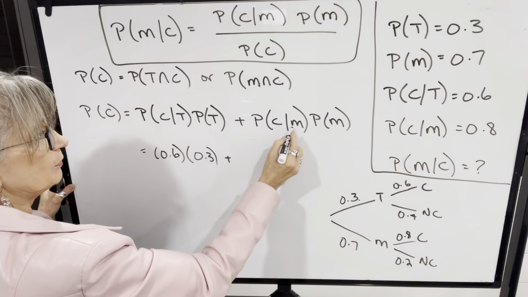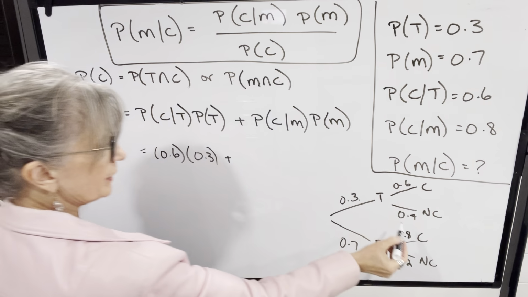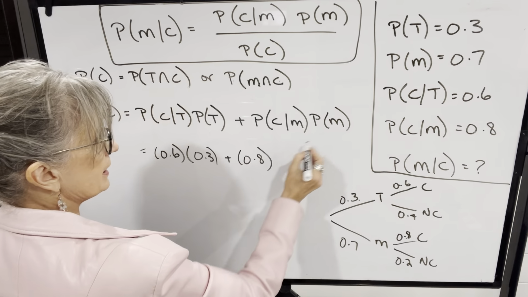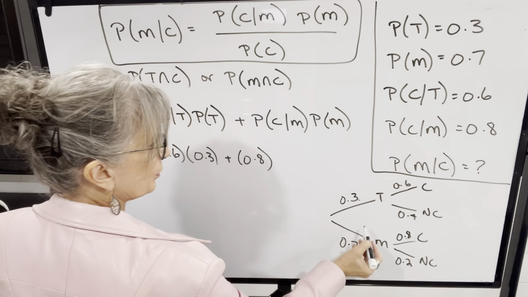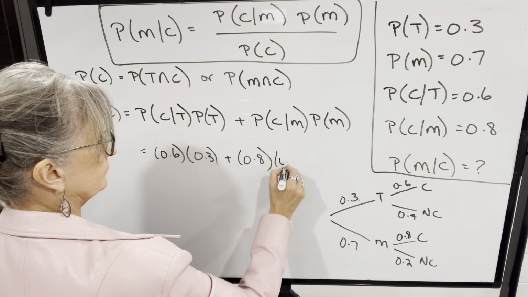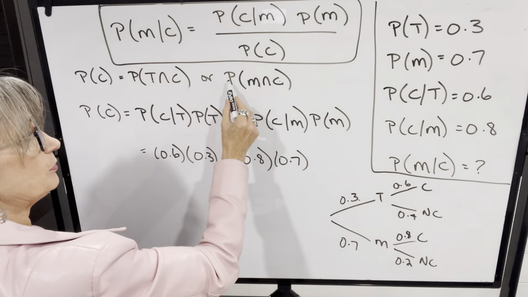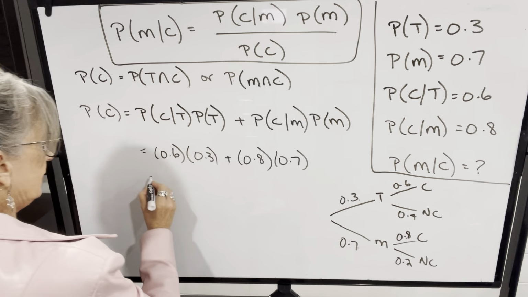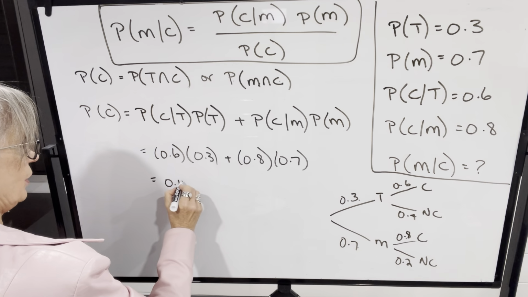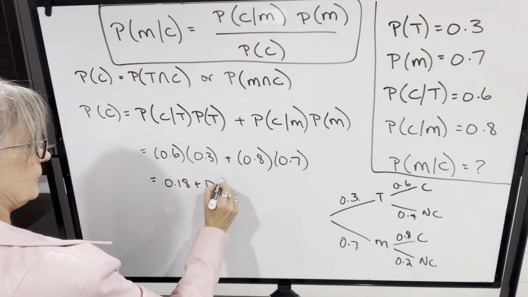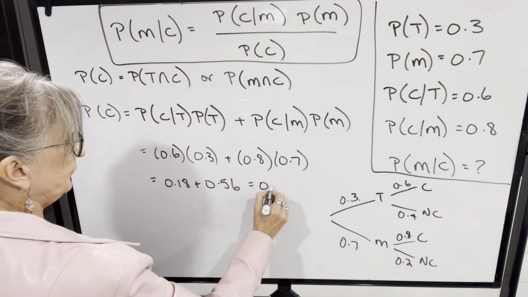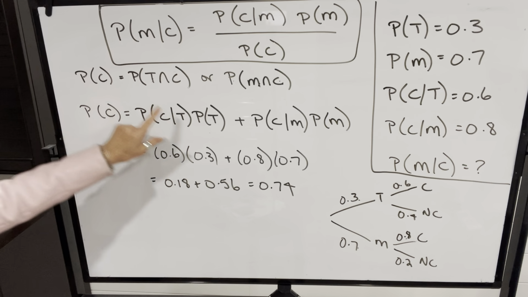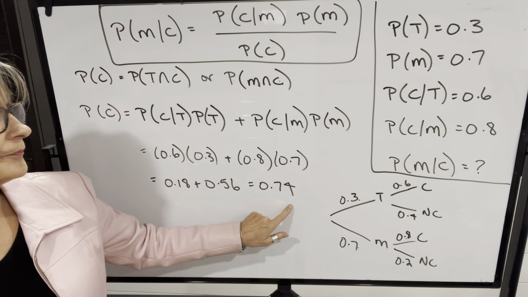Or the probability of it being correct given multiple choice, that's 0.8, times the probability of multiple choice, which is 0.7. So the probability of it being multiple choice and Sam answering correctly is 0.7 times 0.8. We take these two products, we add them, and so now we know the probability of Sam getting a question correct is 0.74.